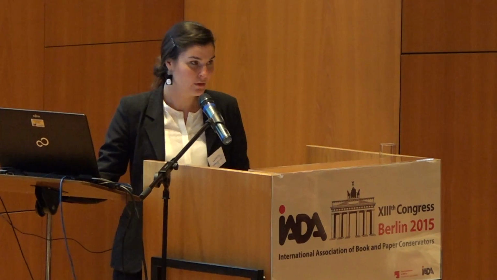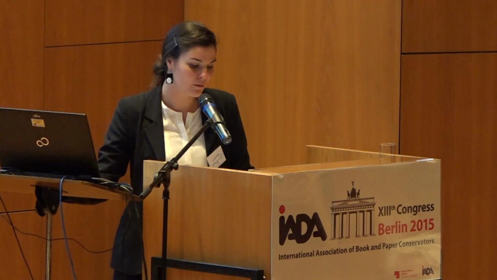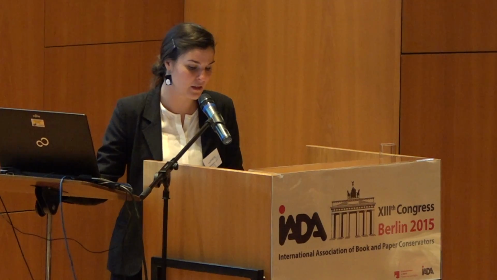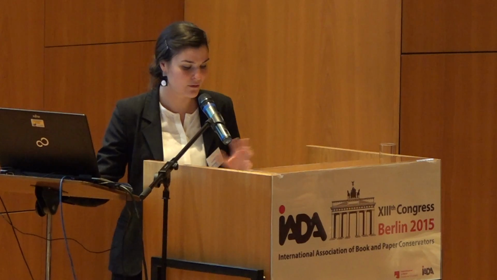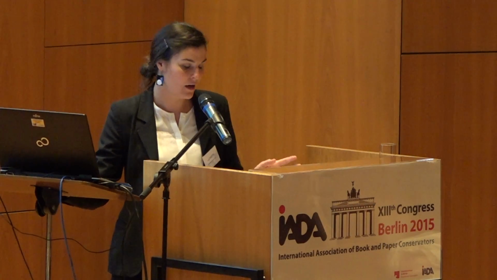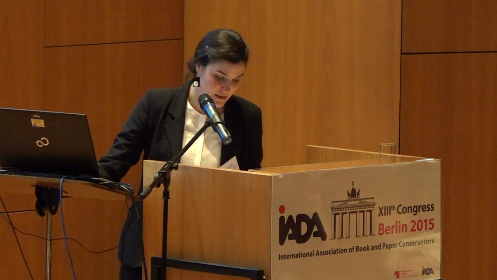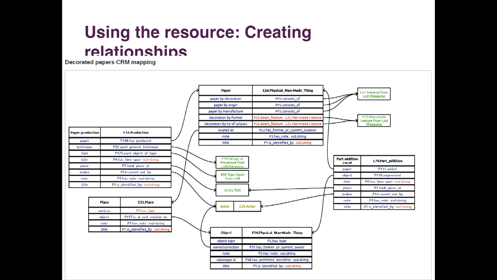I will not go into too much detail about CIDOC CRM, but for those who are not familiar with it, it is a conceptual reference model created by the documentation committee of ICOM, and it defines implicit and explicit concepts and relationships that are used in cultural heritage. And here is just the example, on the screen, of the types of concepts and relationships that we have used to construct the database and how it is mapped to CIDOC CRM.